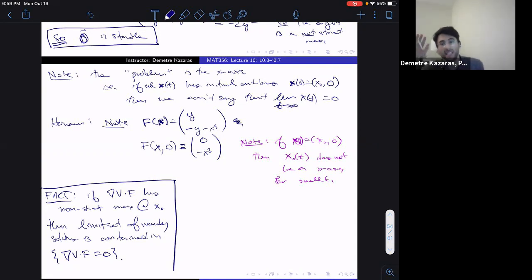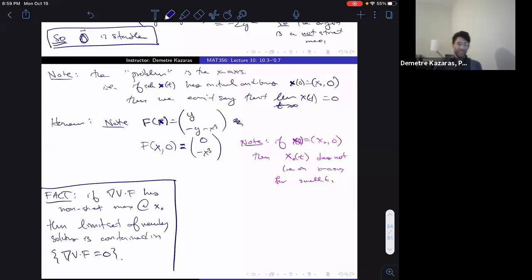We know that the origin is a limit set, but maybe there could be more to it. Maybe, for instance, the whole positive x-axis could be a limit set, in which case we could not conclude that the origin was asymptotically stable, only merely stable.